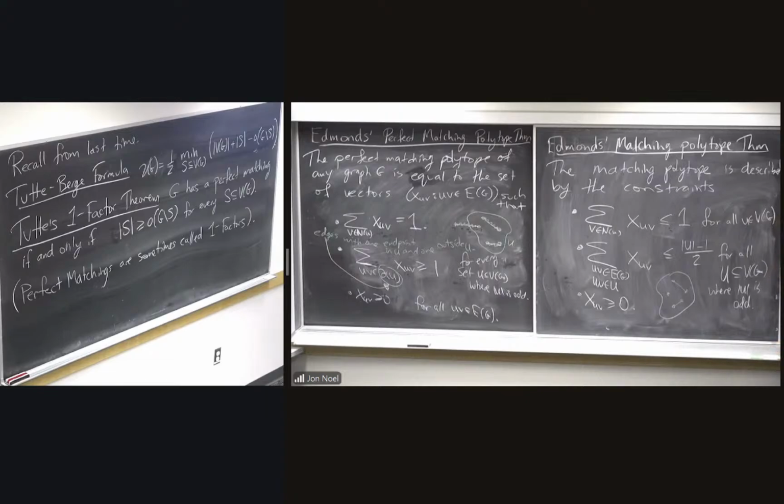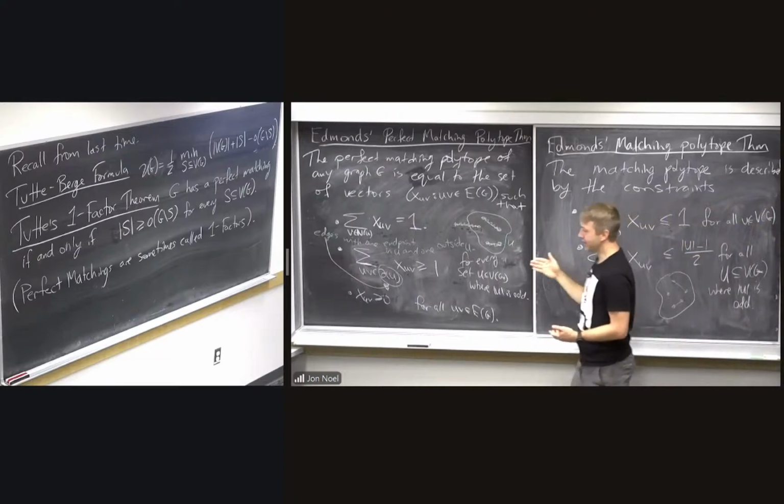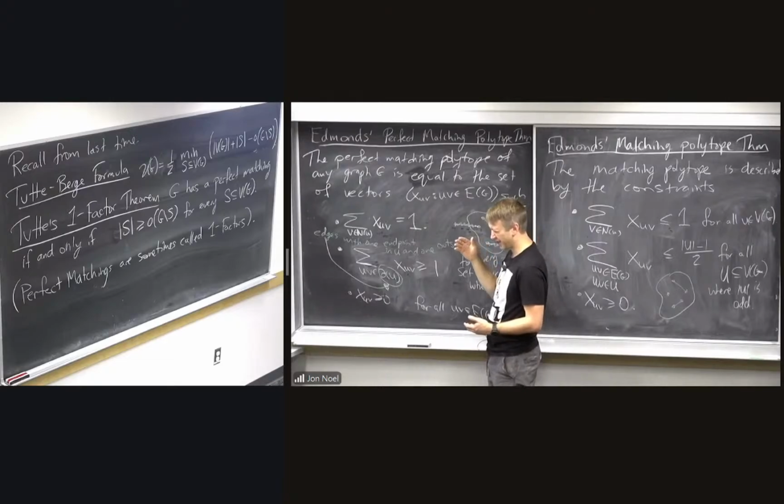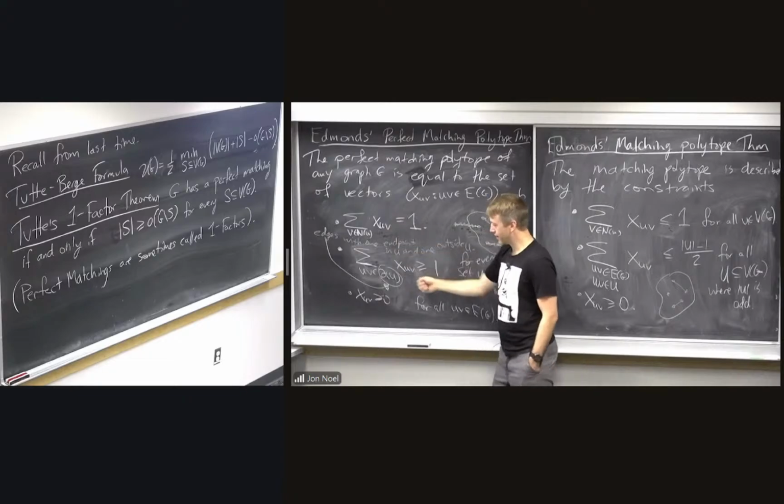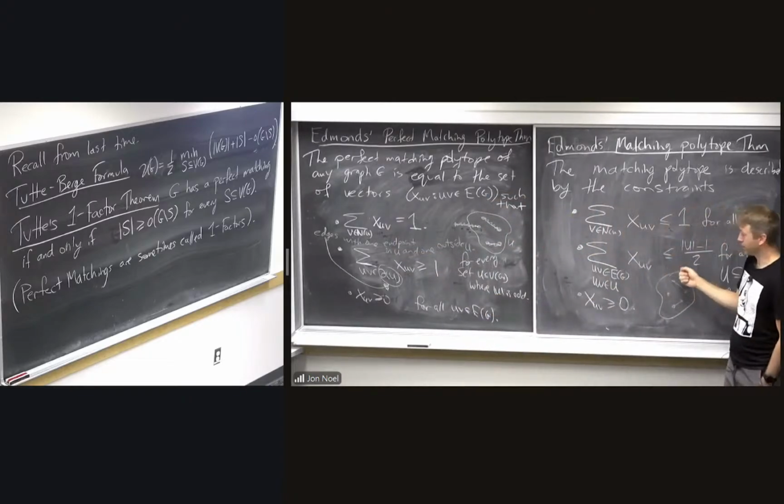So if you check, for example, an indicator vector for a perfect matching would satisfy these constraints. And an indicator function for a matching that's not necessarily perfect would satisfy these constraints. And what this theorem says is that these constraints completely determine the convex combinations of those things.